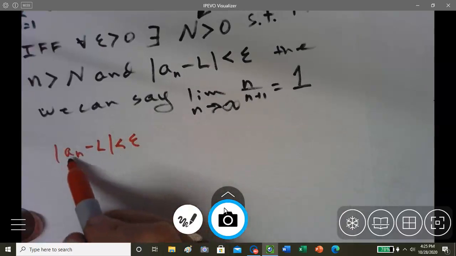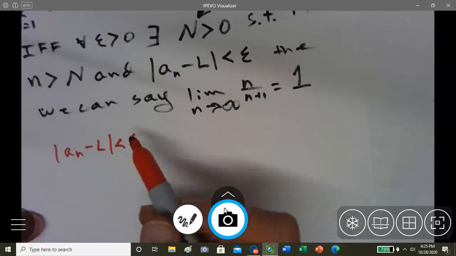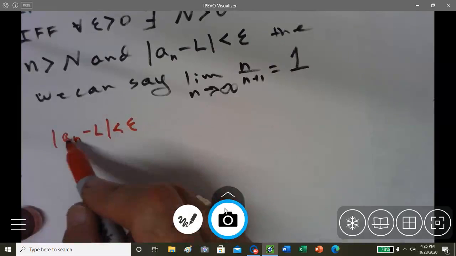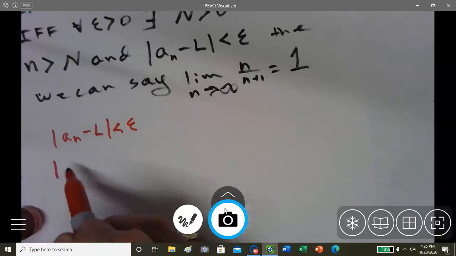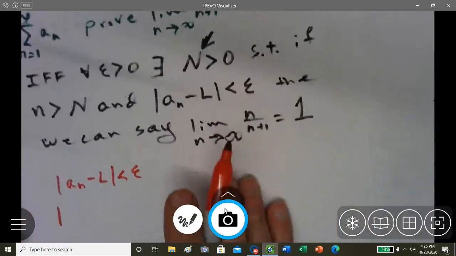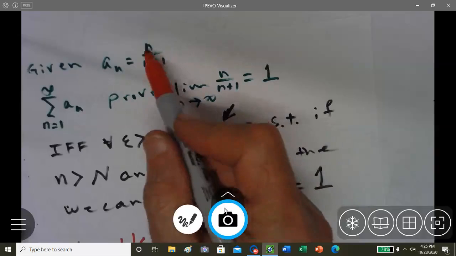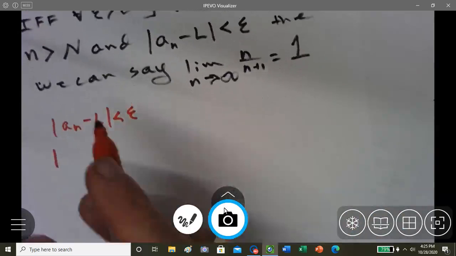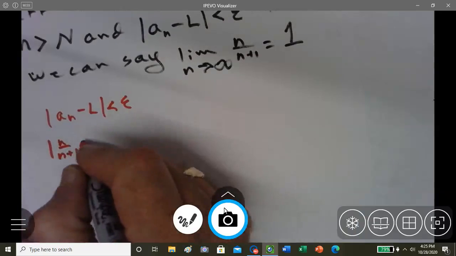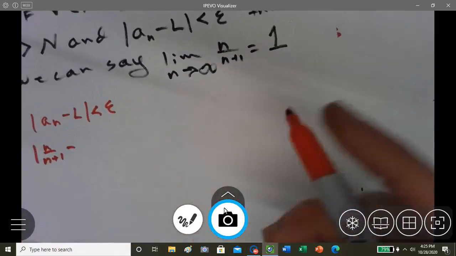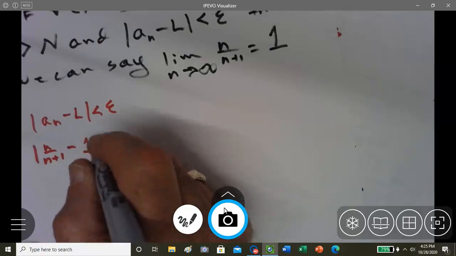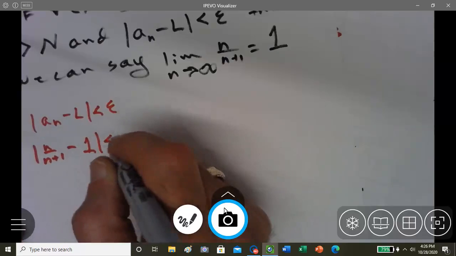Again, instead of f of x minus L, we use our sequence a sub n. So now we're going to replace our a sub n and our limit. A sub n is n over n plus 1, so we put in here n over n plus 1 minus our limit, which we said is 1, and that's less than epsilon.